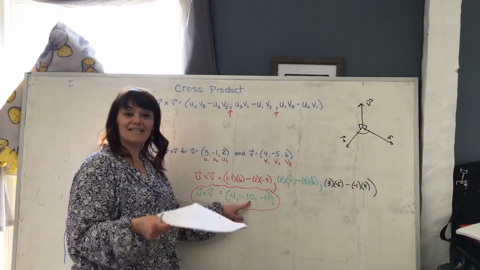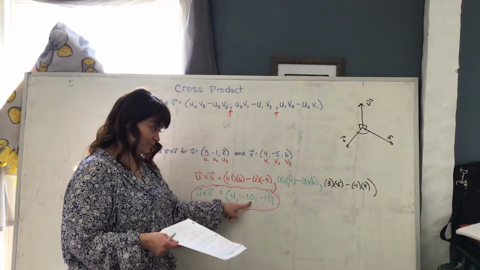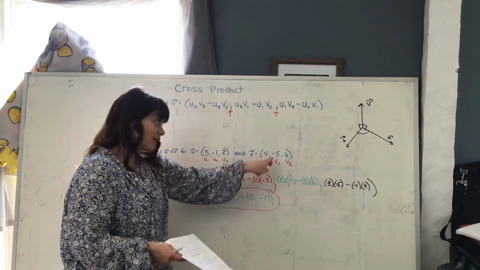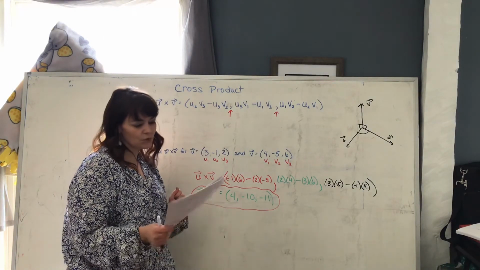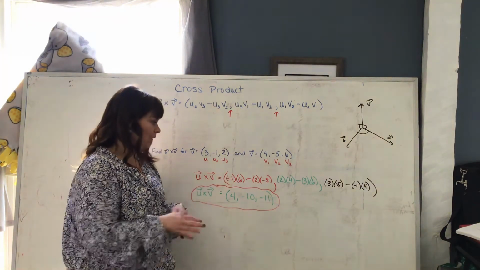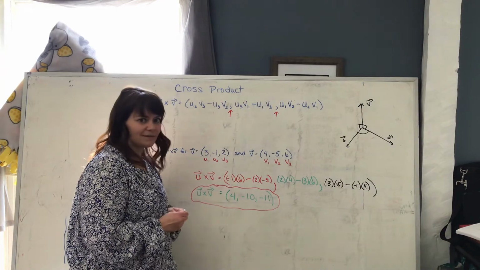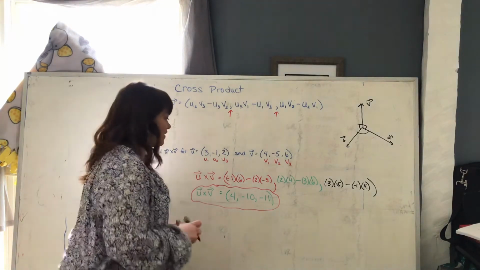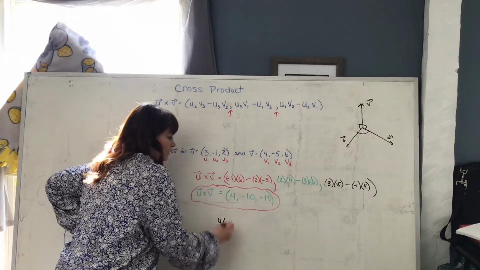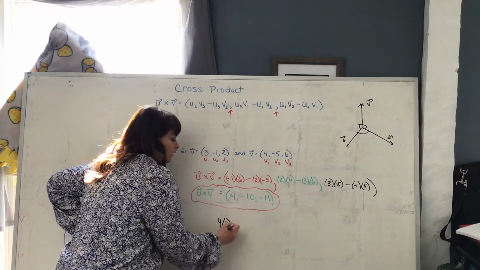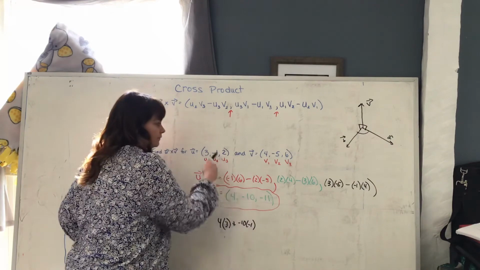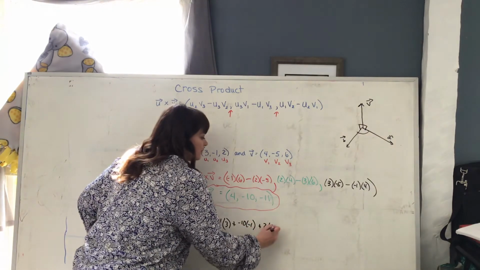Okay, so what this answer means is that this vector, in three-dimensional space, is perpendicular to that vector, and perpendicular to the other one as well. The second question says verify that it's perpendicular to both. How would I verify this is perpendicular to that? It's actually pretty easy. We take the dot product. 4 times 3 plus negative 10 times negative 1 plus 2 times negative 11.